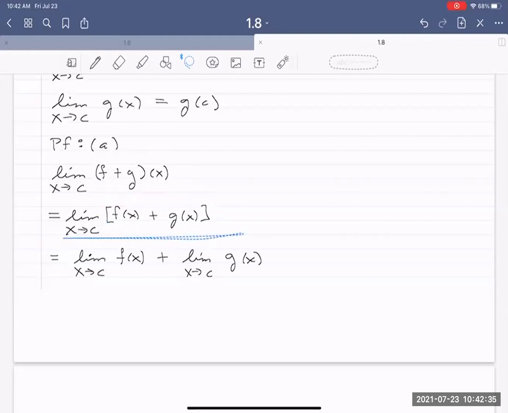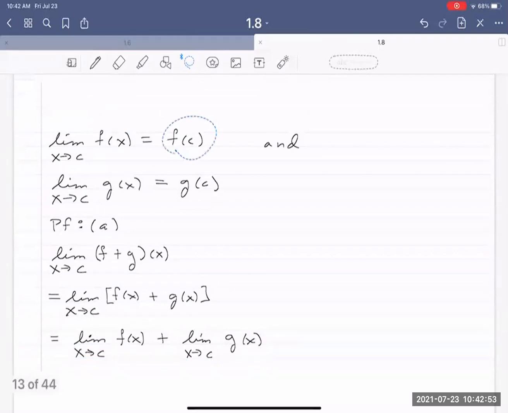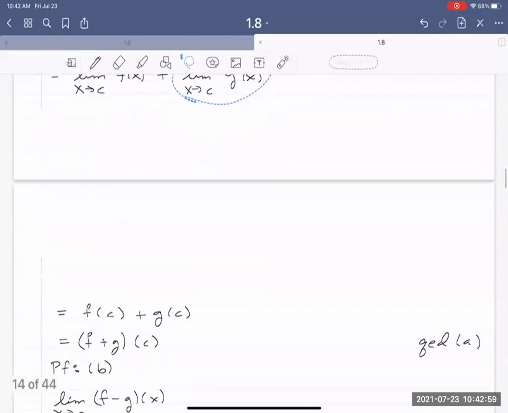But by theorem, I think part A in section 1.7, this is equal to the limit as x approaches c of f of x plus the limit as x approaches c of g of x. But each of these are just equal to f of c and g of c. So this is equal to f at c plus g at c, which is, again, we define addition pointwise for functions, equal to f plus g at c. And that's what I wanted to show.